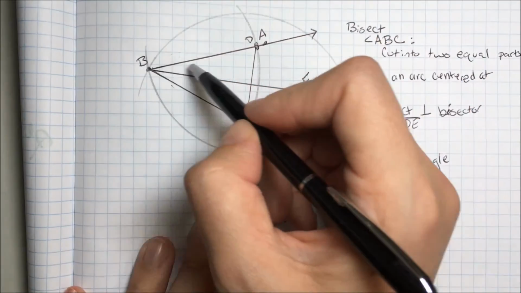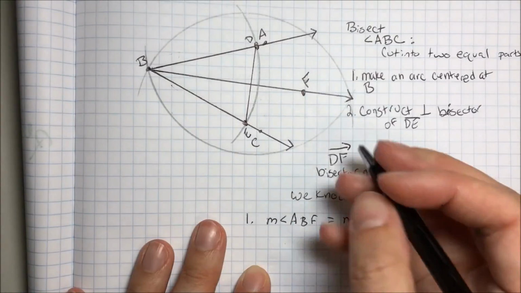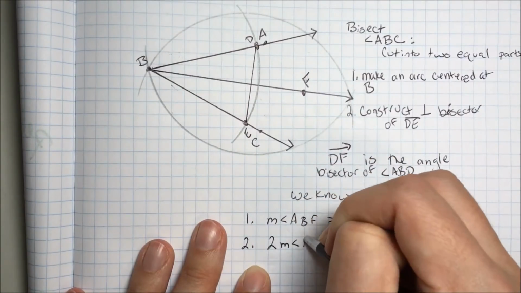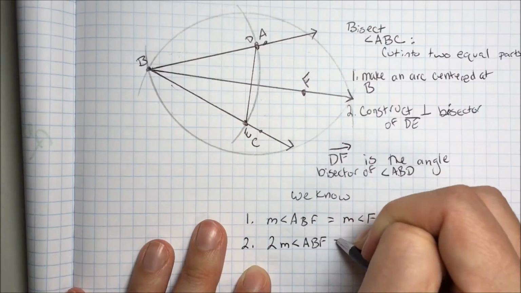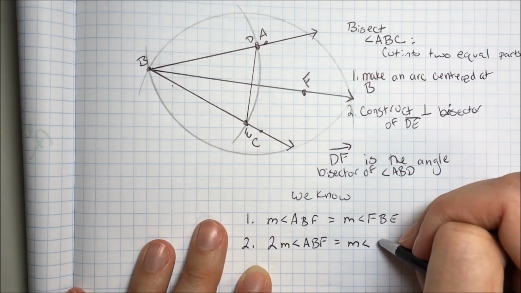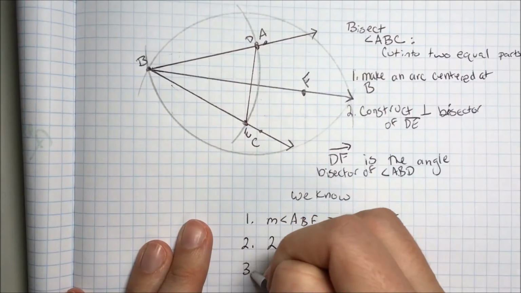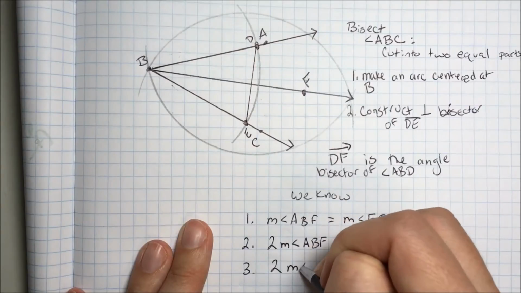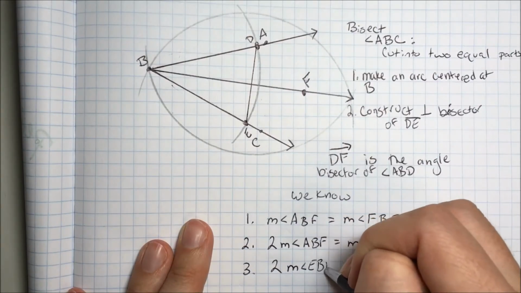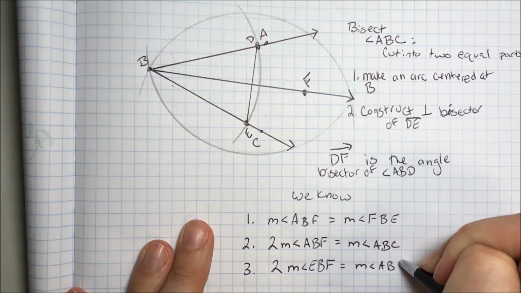So this angle is equal to this angle. We know that twice the measure of angle ABF is equal to the measure of angle ABC, the angle we bisected. And we also know that twice the measure of angle EBF is equal to the measure of angle ABC.